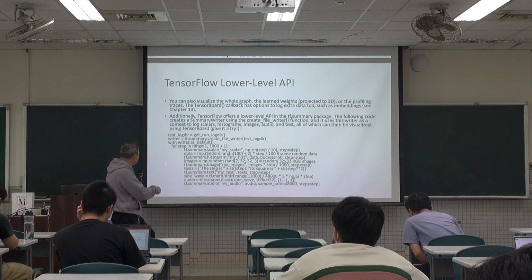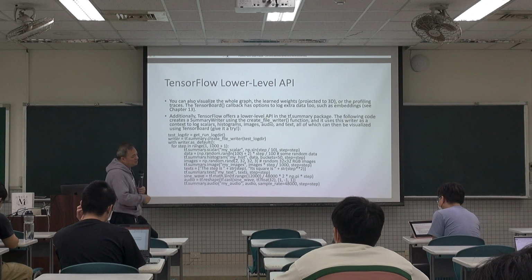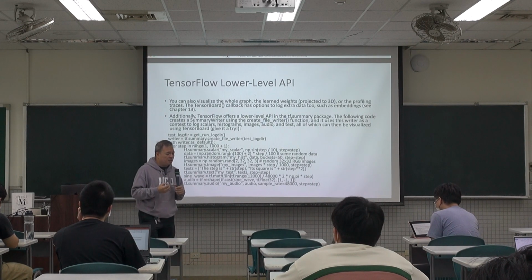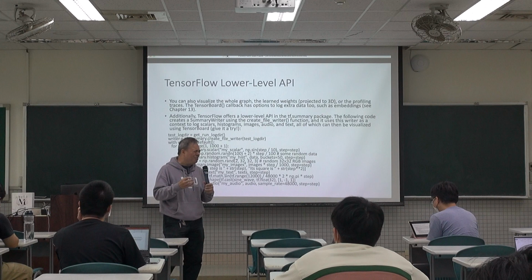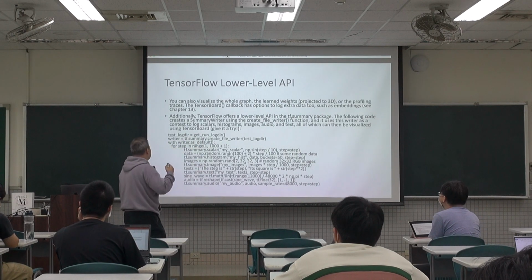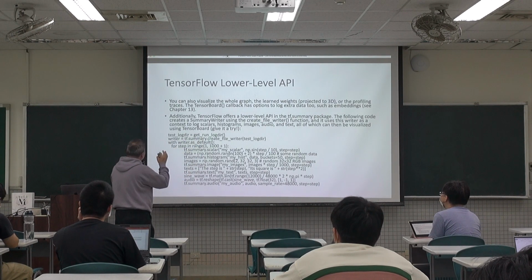So here I just provide a code for you, but to be honest with you, I'm not that big a fan of visualization tools, even though I know it's a convenient tool to have.